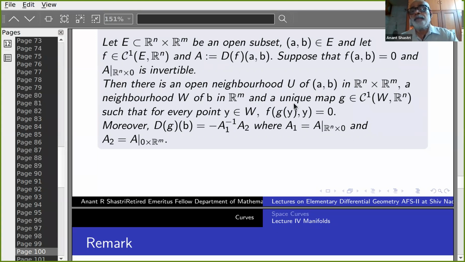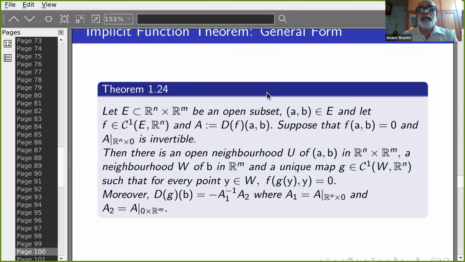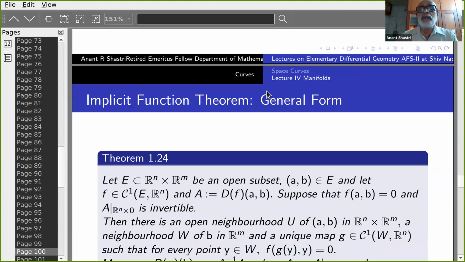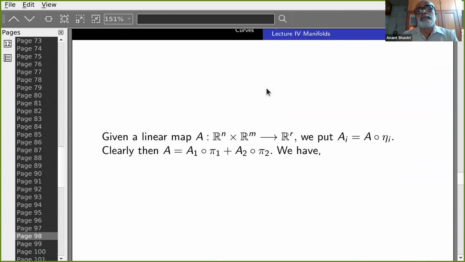Proof is directly from the inverse function theorem. There are direct proofs which prove this one first and then deduce the inverse function theorem from this one. So in other words, this statement and the inverse function theorem are equivalent to each other.